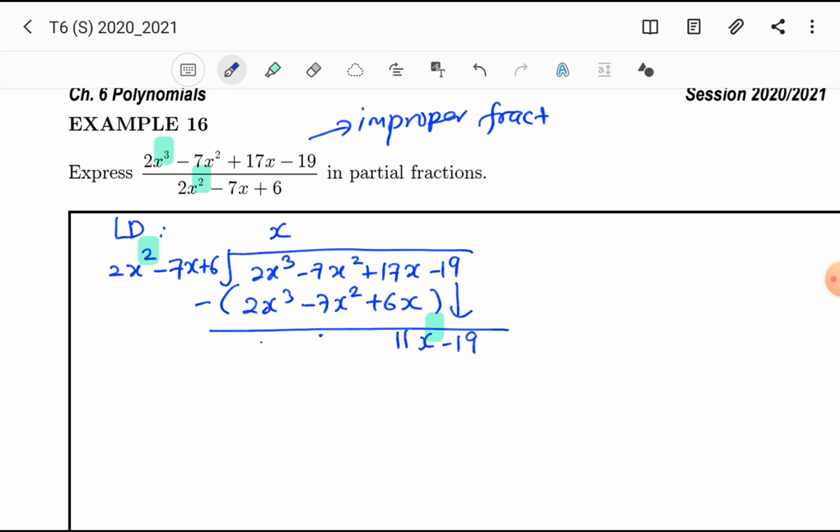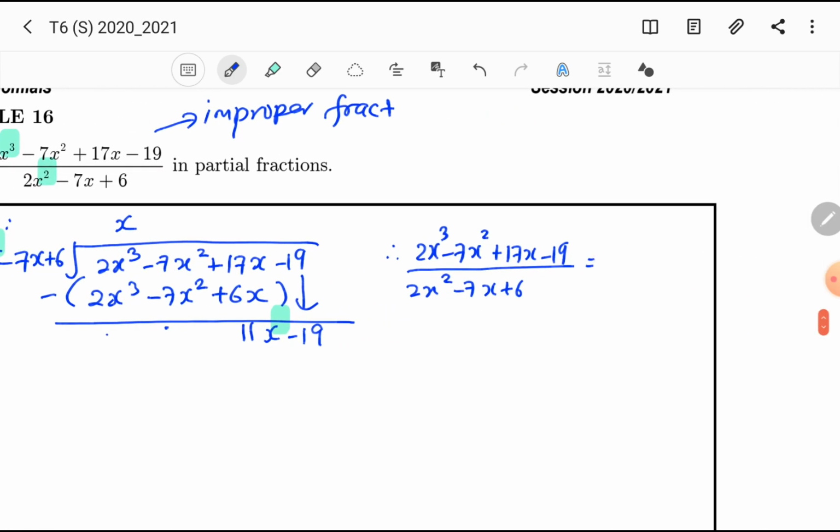Meaning that our 2x cubed minus 7x squared plus 17x minus 19 over 2x squared minus 7x plus 6 can be written as, okay, the quotient is x plus remainder 11x minus 19 over the divisor 2x squared minus 7x plus 6.